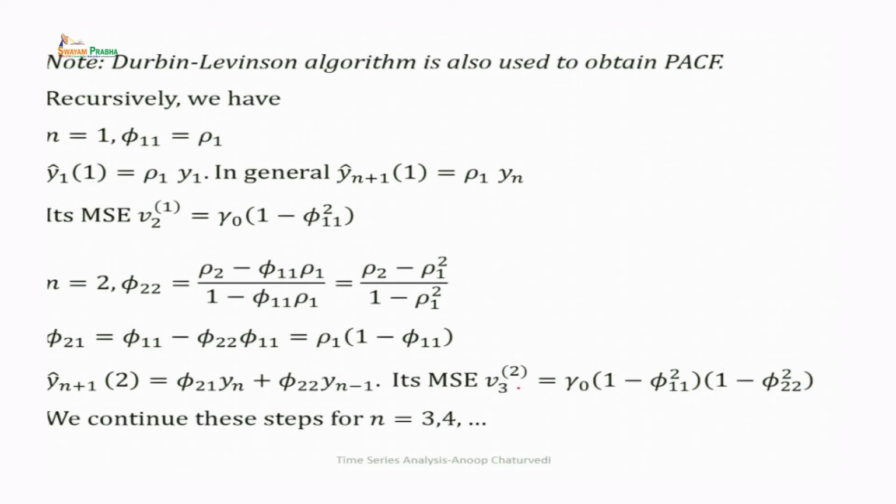So, you get the value of MSE, and then we continue these steps for n equal to 3, 4 and so on. So, recursively you can obtain different predicted values, their MSEs, etc.